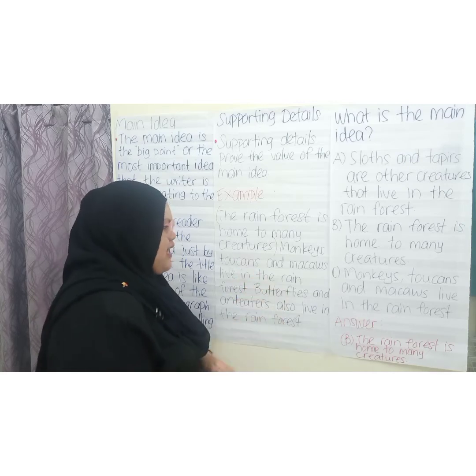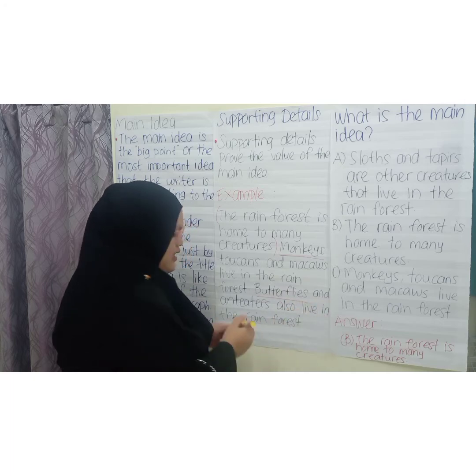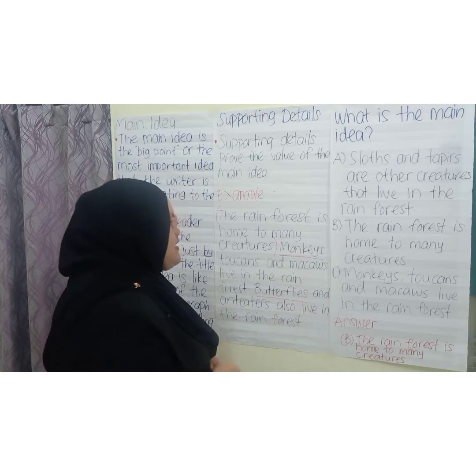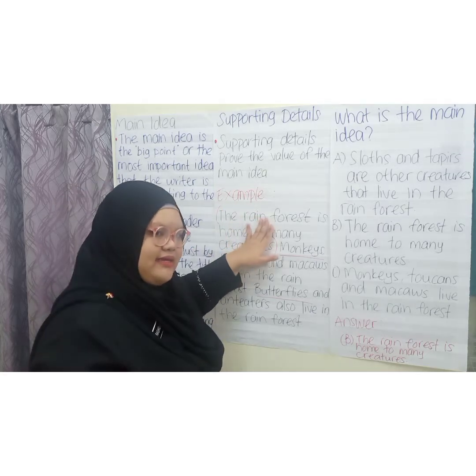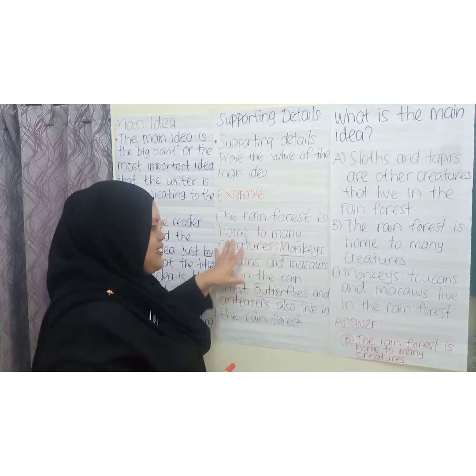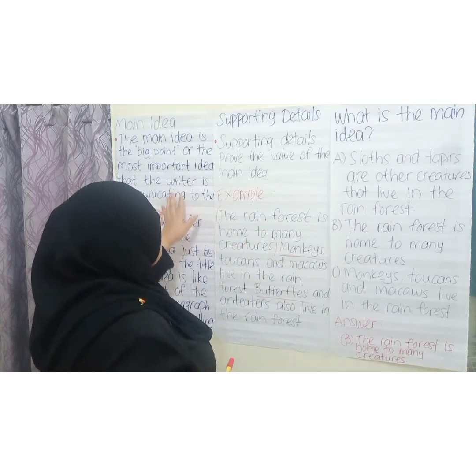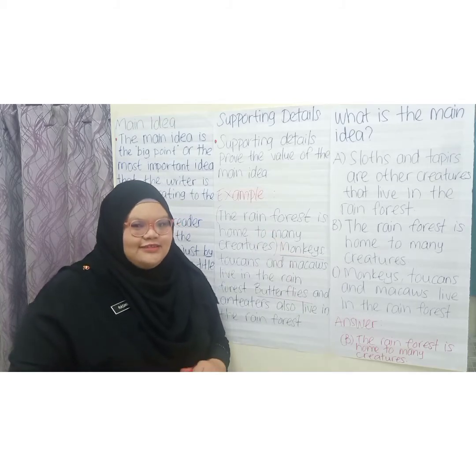So basically, these two are the supporting details that support this main idea. Okay, so do you guys understand? So basically, this is all about main idea and also supporting details.